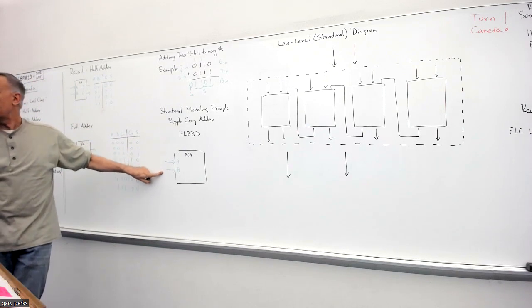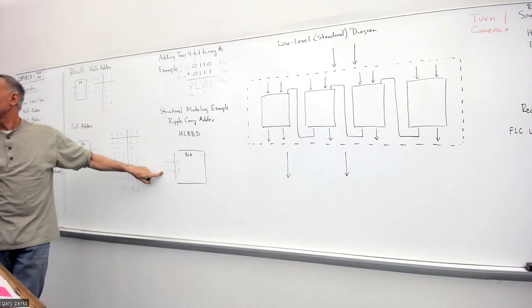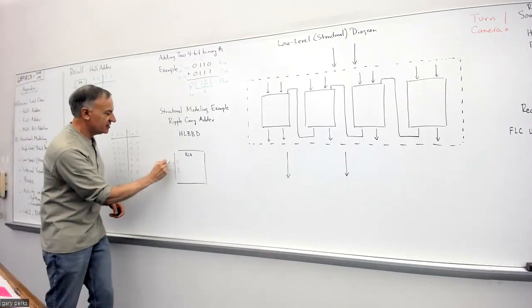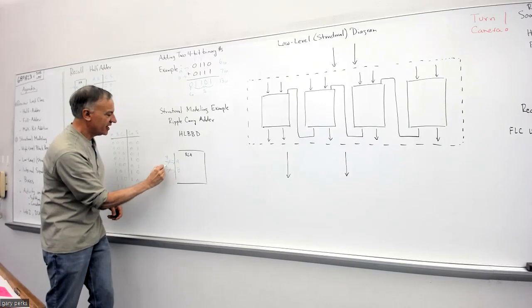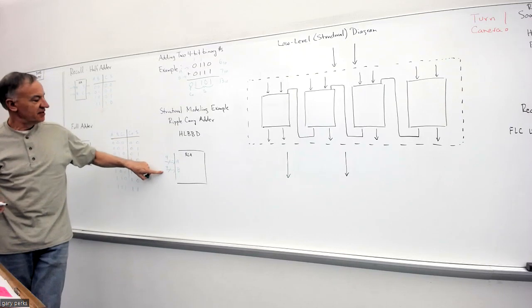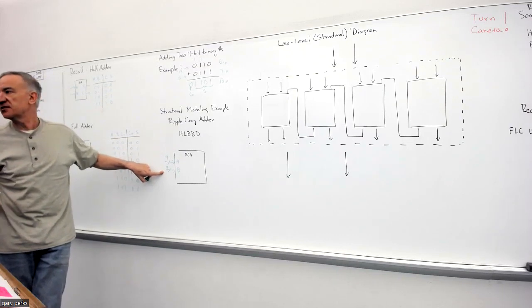When we have an input or an output that's more than 1 bit, do you remember how we signify that on the diagram? Yeah, you put a slash and then the number of bits. So this is going to be /4, /4. That tells us that this A input is 4 bits and this B input is 4 bits.